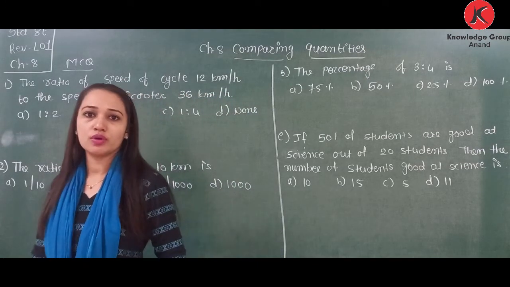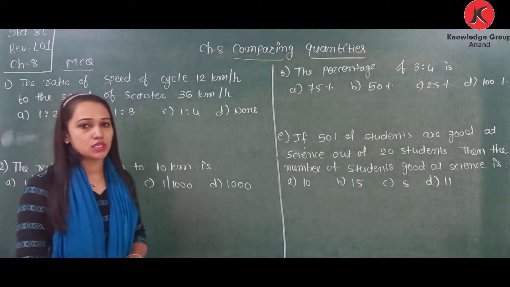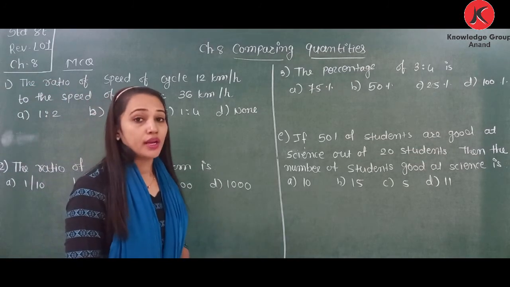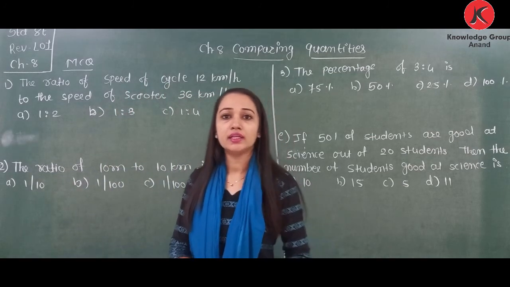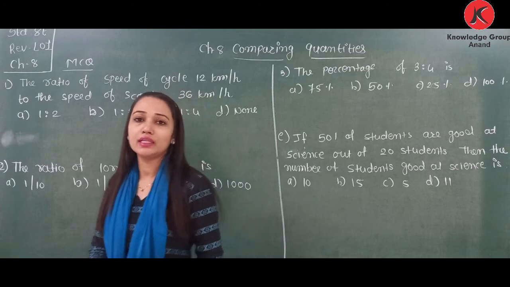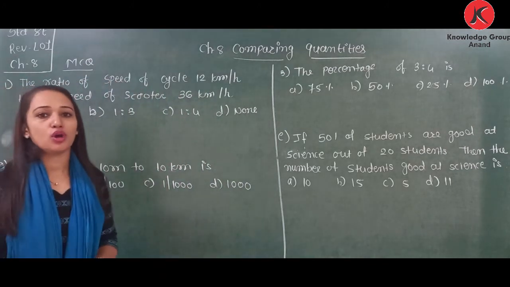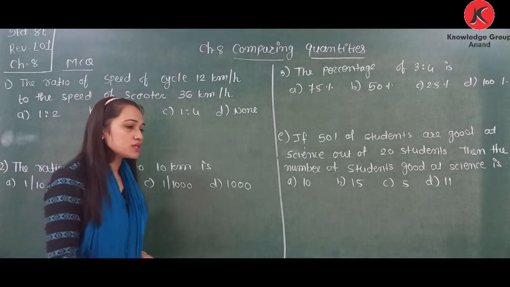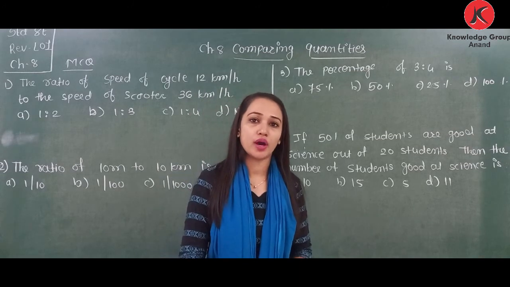The equation is percentage profit equals profit divided by CP into 100. Now what is loss? Same example, if you bought an article for 100 rupees and sold it for 90 rupees, you get 10 rupees less. That will be your loss, and percentage loss is equal to loss divided by CP into 100.